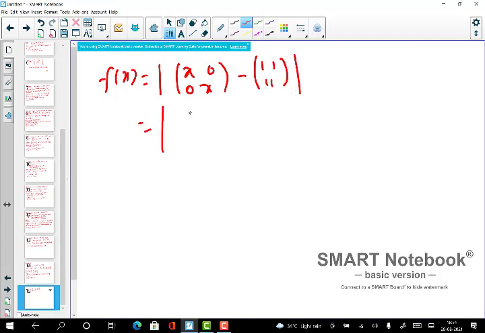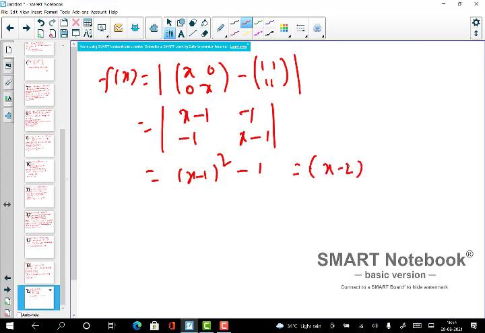This is x minus 1, minus 1, minus 1, x minus 1. So the determinant will be (x minus 1) squared minus 1, that means (x minus 2) times x. So this is the characteristic polynomial.